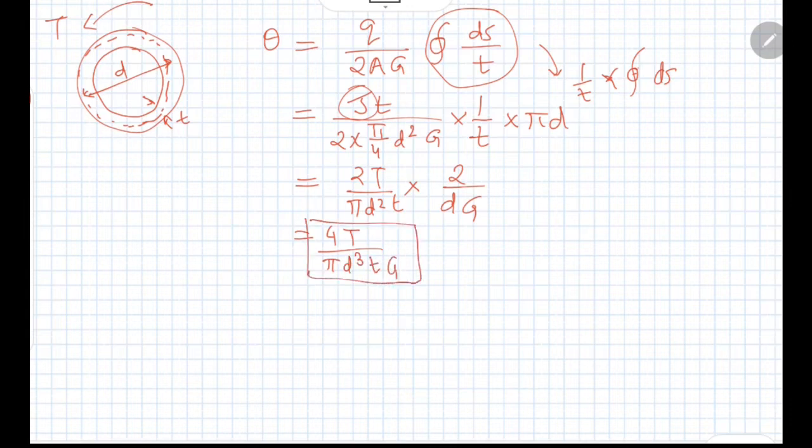So this is the answer which we get by using the thin box section theory or by using the shear flow theory. Now let's find out the answer using the classical method.